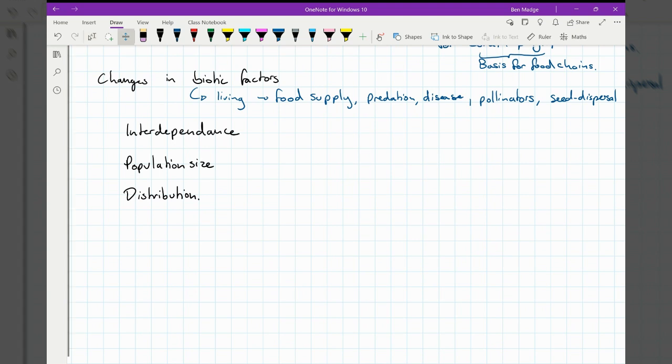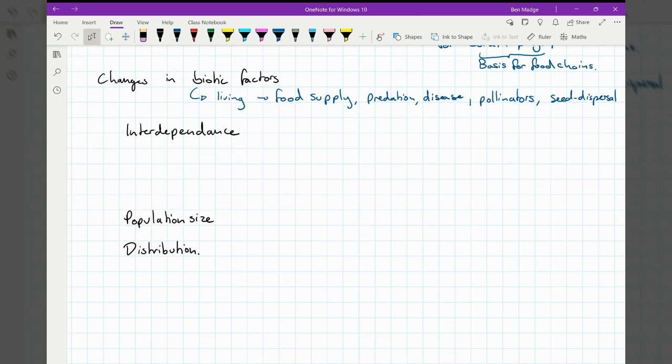So the first one then is looking at interdependence. This is where one species, SP is short for species, relies on another for something. It might be food, or it might be to provide shelter from predators or something like that.